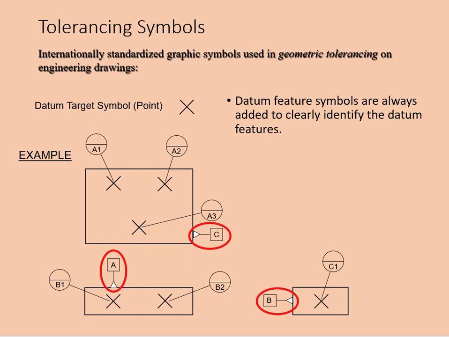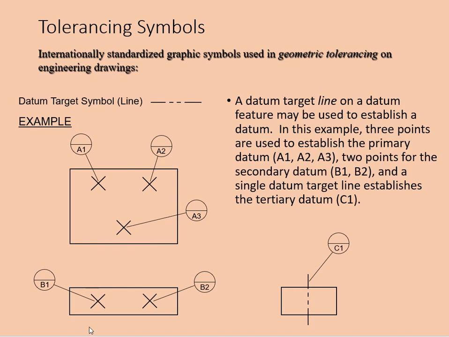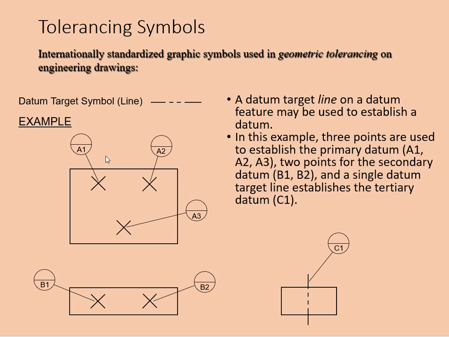Those are your datum target symbol lines. We have our first primary datum, A1, 2, and 3. This one is a secondary datum, B1 and B2. And here is your C1, which is your tertiary datum with a single datum target.